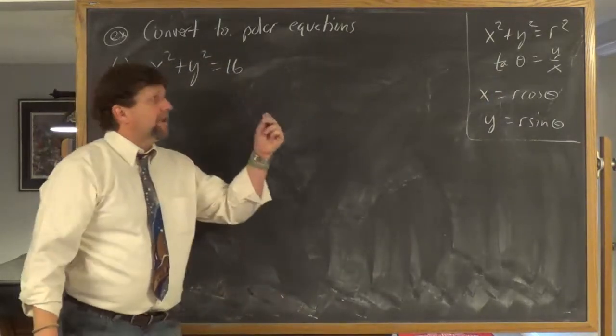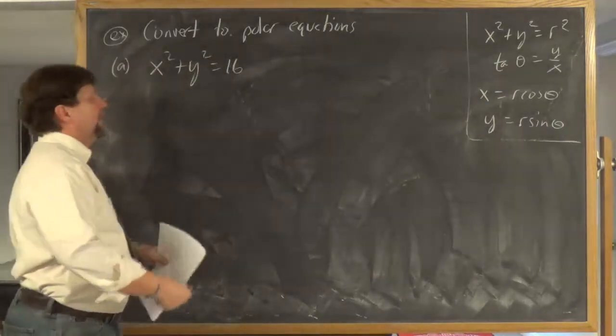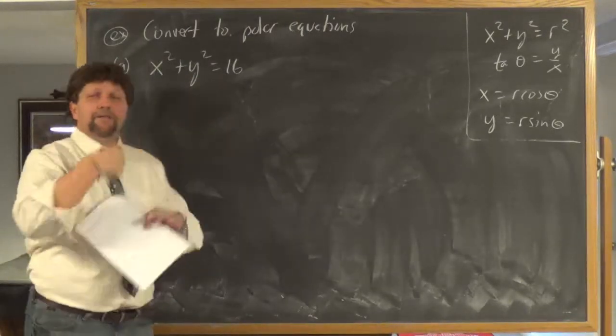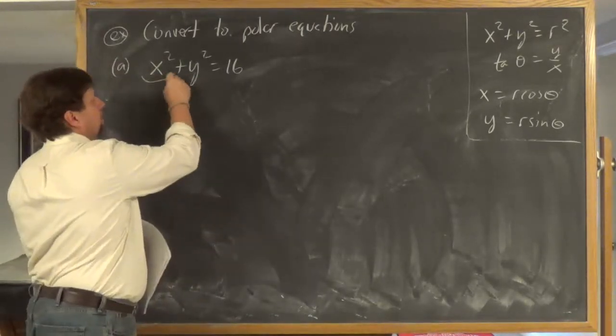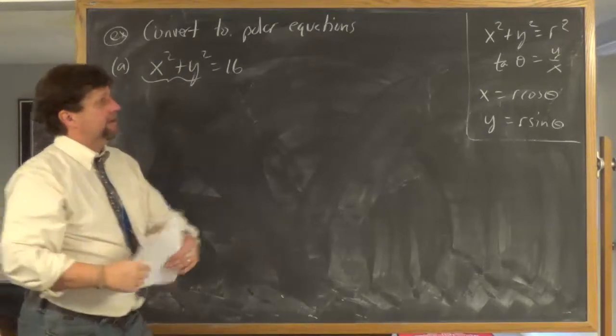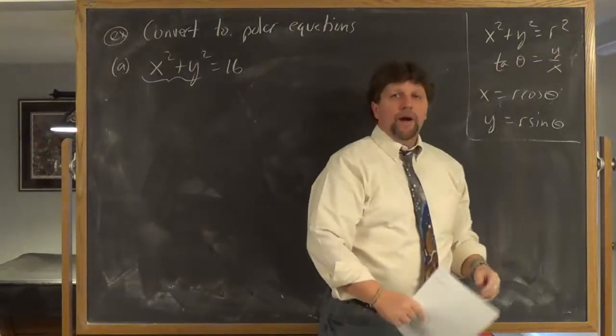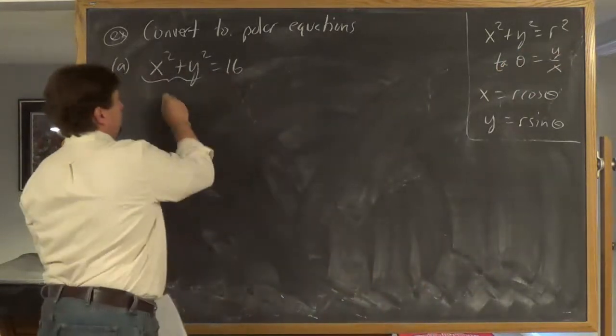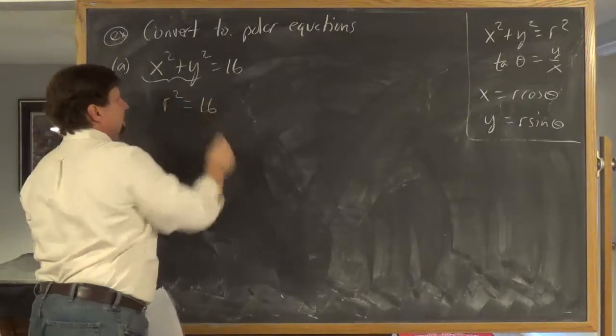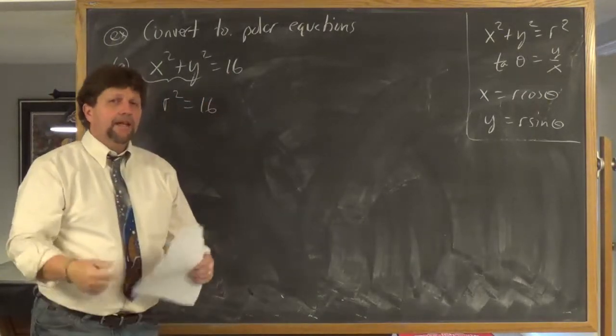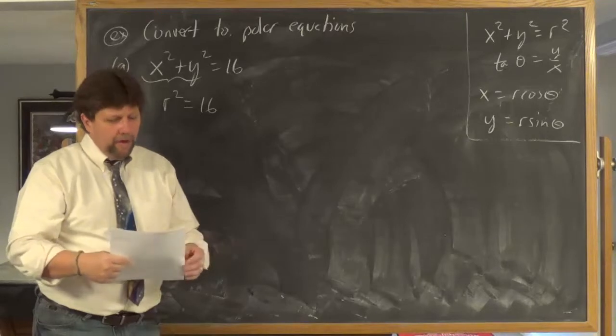We know x squared plus y squared equals r squared, so we're trying to take this rectangular equation and convert it to polar. Well, that's simply r squared. So r squared equals 16. That is the polar equation.